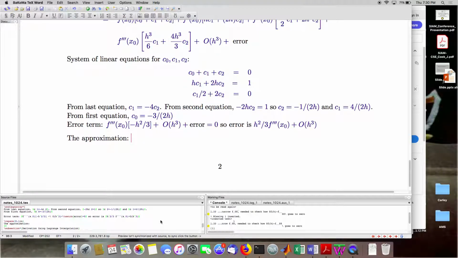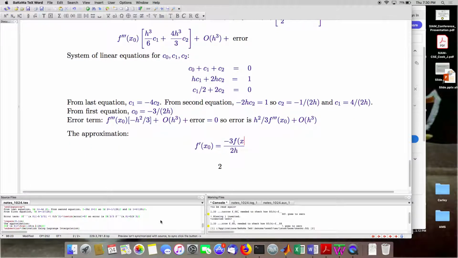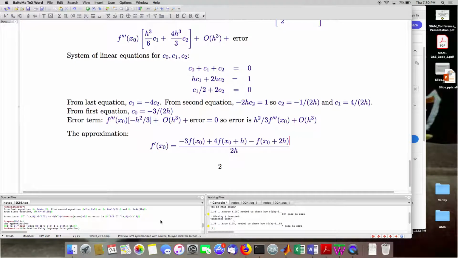It's really f prime x naught equals, so I have 2h in the denominator, and upstairs, filling in my coefficients, minus 3 f x naught plus 4 f of x naught plus h minus f of x naught plus 2h.